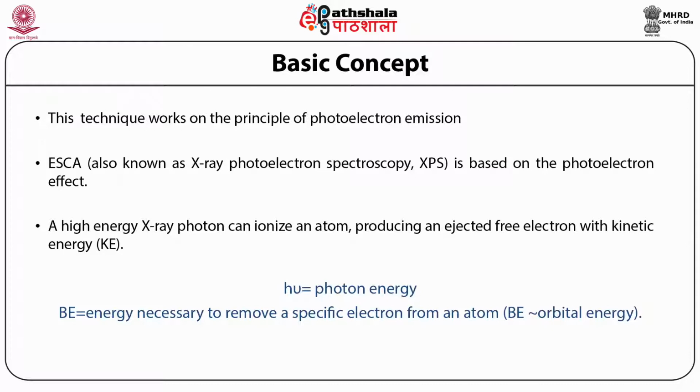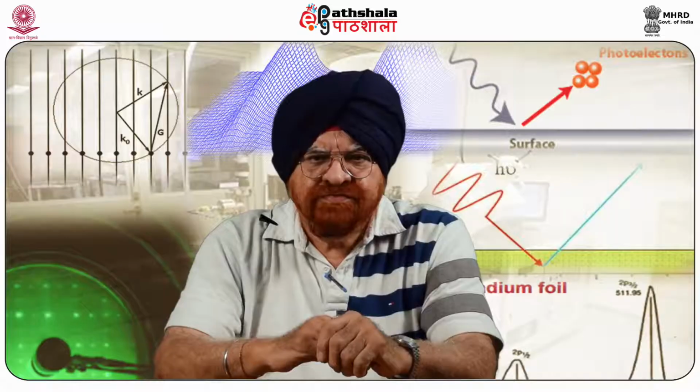So this is what is called the binding energy, which is almost equivalent to the orbital energy. When this photon hits the surface, it ionizes an atom, and an electron is ejected out with some energy, and the kinetic energy can be measured.